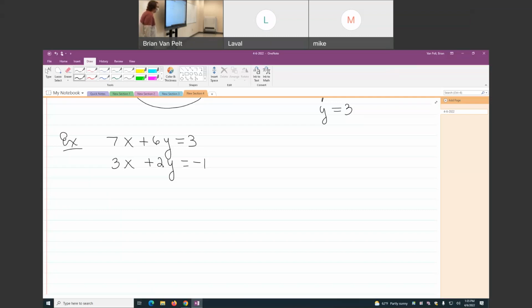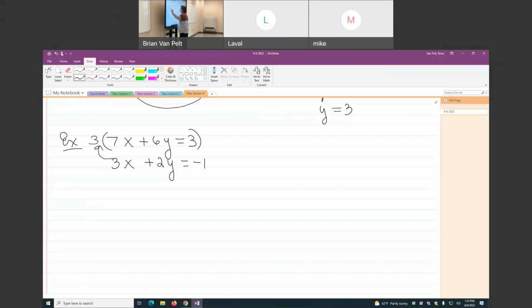What would I multiply the first equation by? 3. That 3 comes from the second equation. This 3 right here, I'm going to take it and put it out there, so I get 3 times.